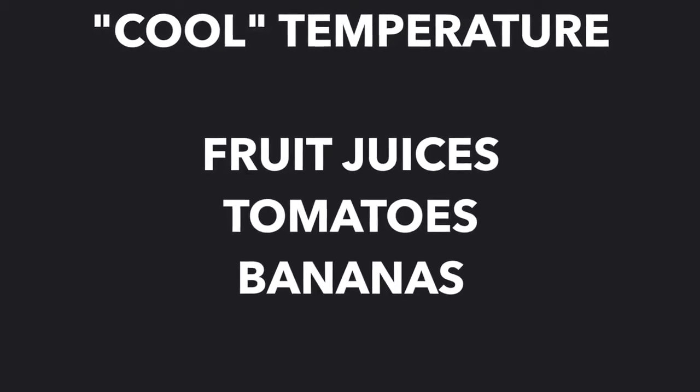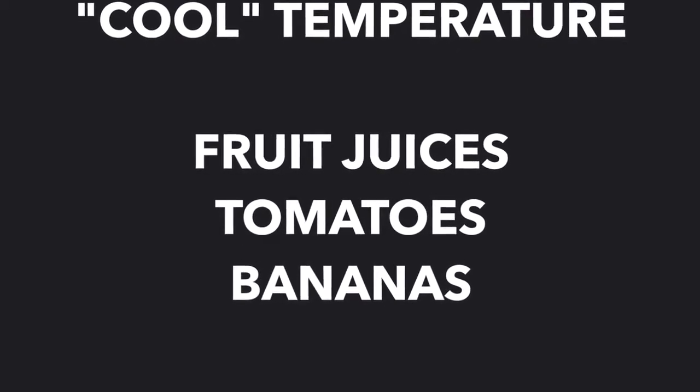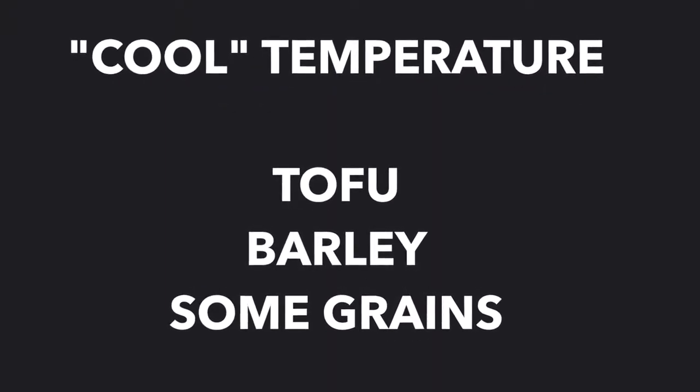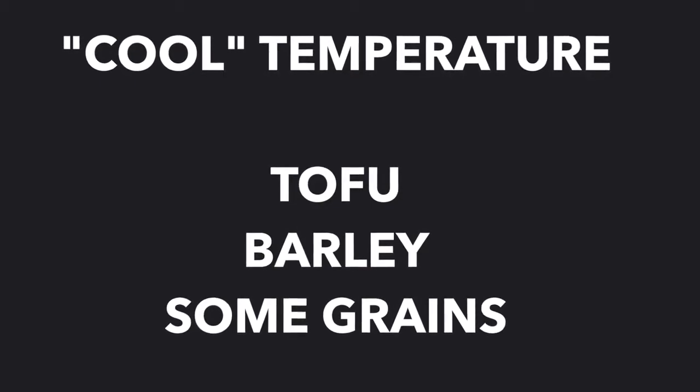Some examples of the qi or the temperature: something that's hot would be something like alcohol, ginger, chilies, or peppers. Cool could be fruit juices or tomatoes, bananas. As far as meats go, warmer meats are beef and chicken. And then grains, for example, are typically on the cooler side of the spectrum, like barley, tofu, and wheat.